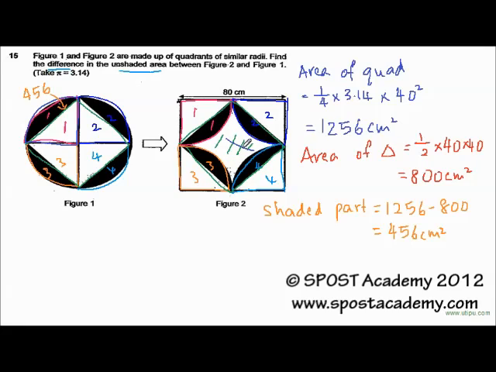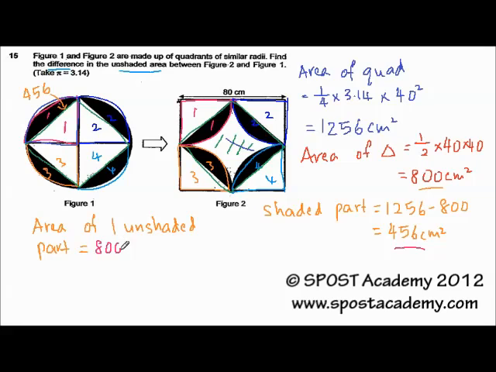Now, in order to find the difference in the unshaded area, which is this part here, I'll need to use the area of the square, or the area of one triangle minus the area of the shaded part. So area of one unshaded part is equals to the area of the triangle, which is 800, minus the area of the shaded part.